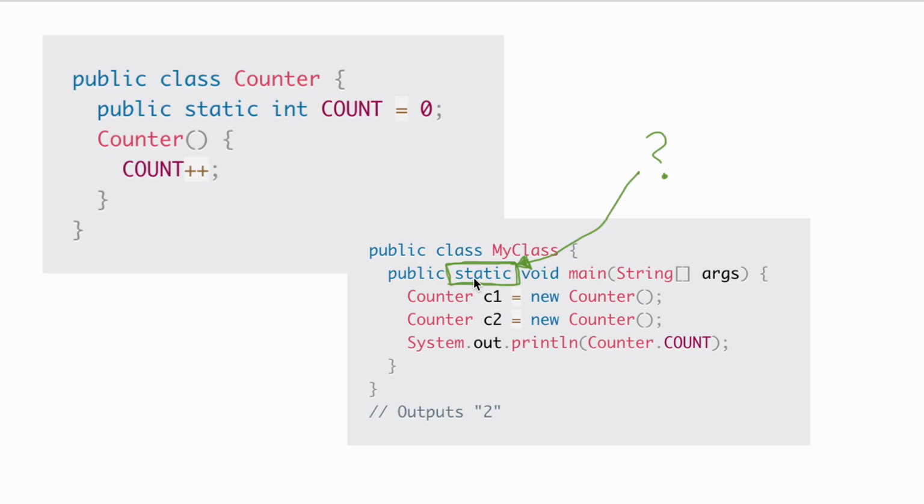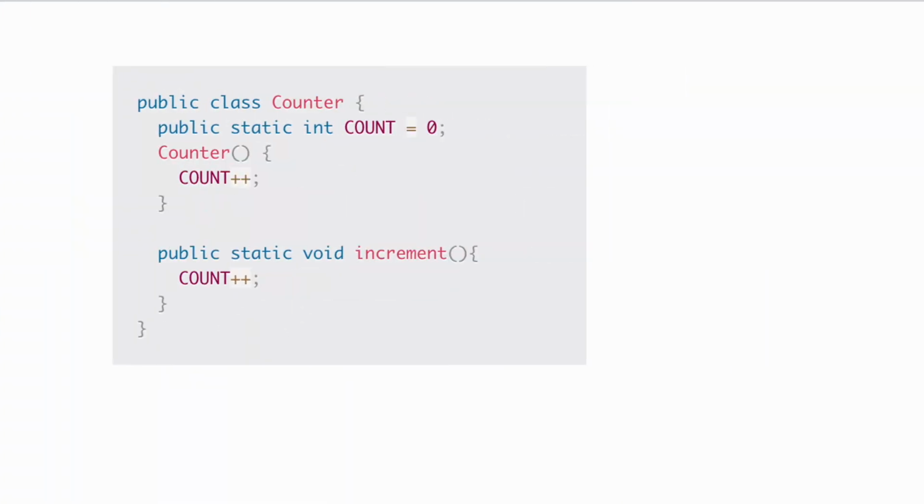But let's look at a more relevant example of a static method. So here, in this public class Counter, the static variable was made using that first line, public static int count, okay? And then in the constructor Counter, count is always going up by 1.